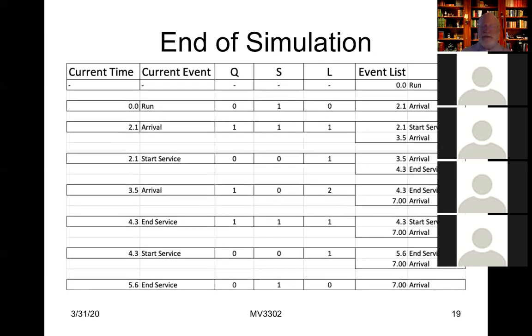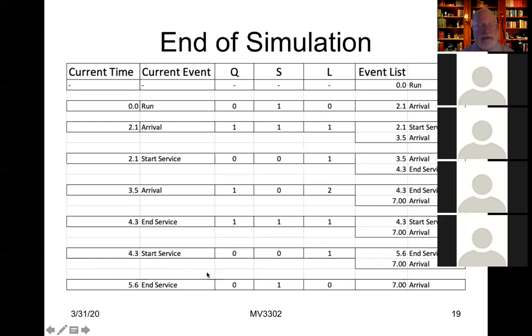Turning the crank again for the final time, we have an end service event. Advance time to 5.6, end service event. All it does is increment S to 1. What is the condition? If Q is bigger than 0, it will schedule a start service event, but Q is 0, so it doesn't schedule anything.